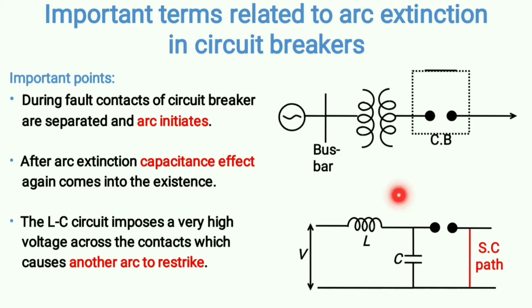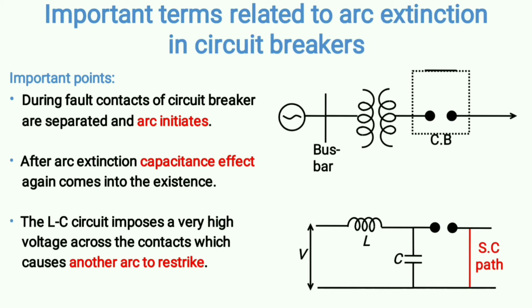Initially there was only inductance, but suddenly this capacitance has come into the picture, so there's a sudden change in the LC circuit. And as we know that L and C terms oppose any kind of change in the system, right?